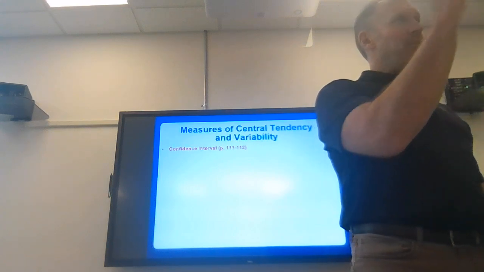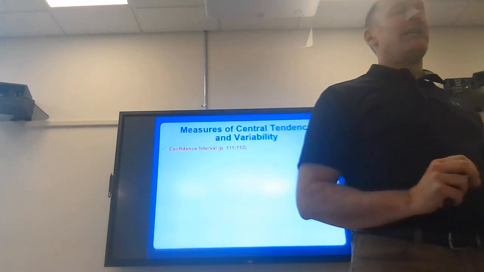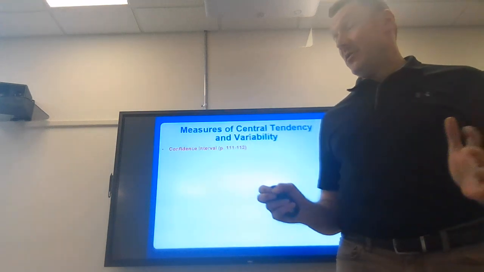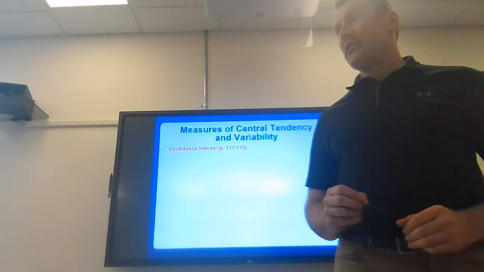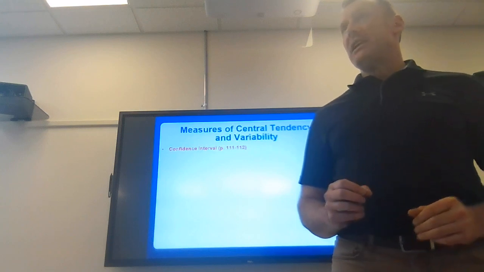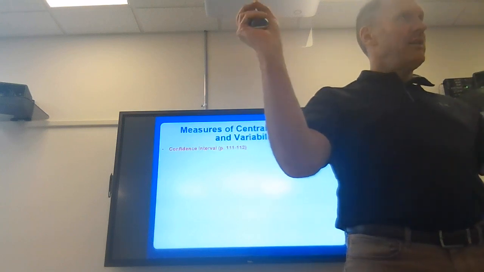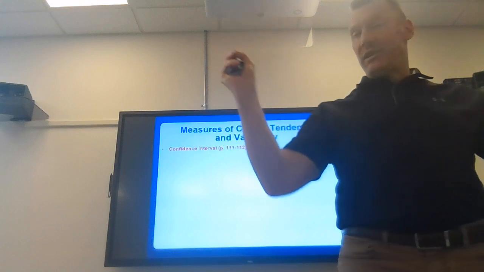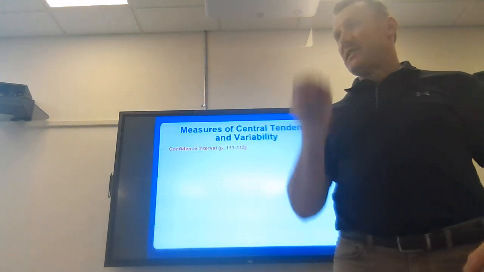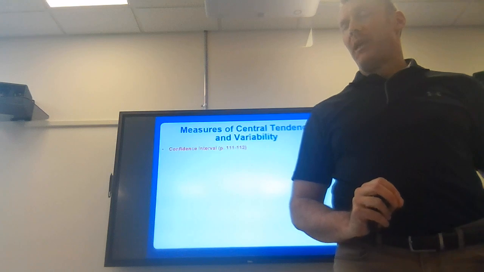So we say this is the sample mean, but we can say with 95 or 99% confidence that the population mean is somewhere within these boundaries with the sample mean in the middle.